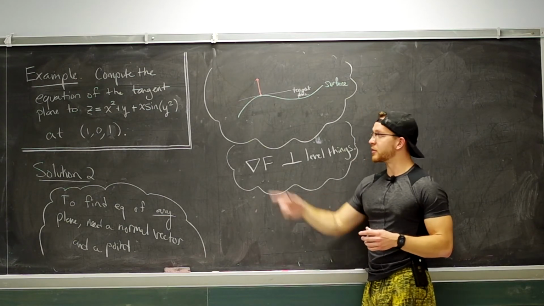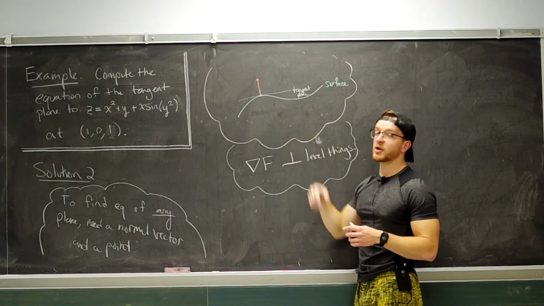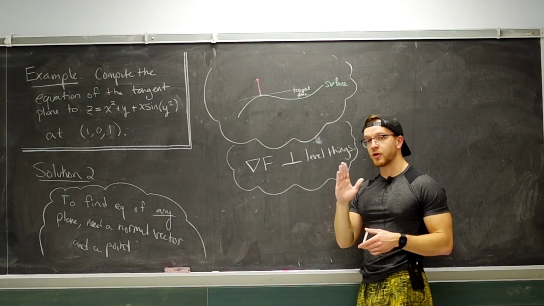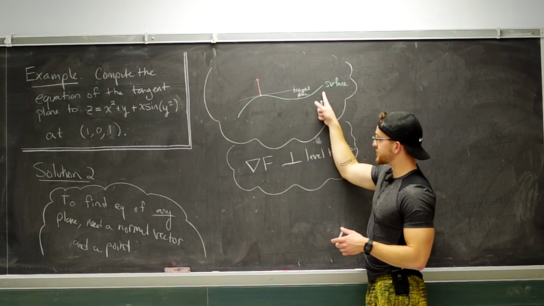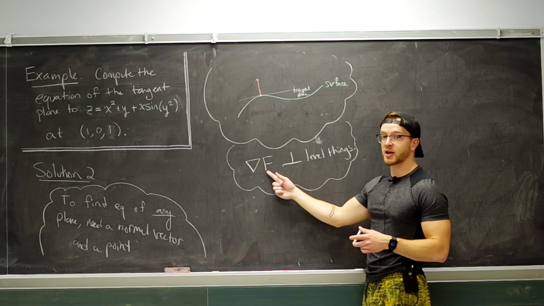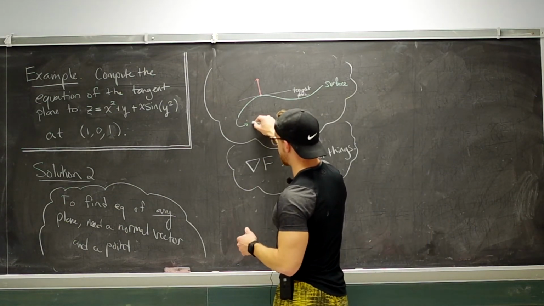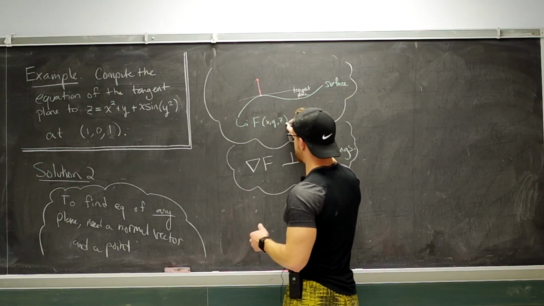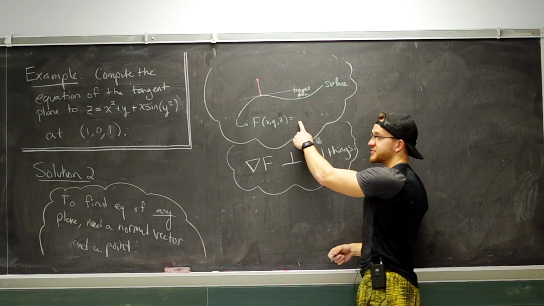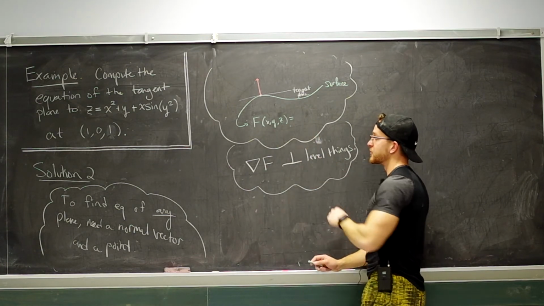So the goal here is to take this green surface, the equation that we were given, and realize it as the level surface of some function, capital F. If I can write this as capital F of x, y, z equals some constant number, that's exactly what a level surface of a 3-variable function is.